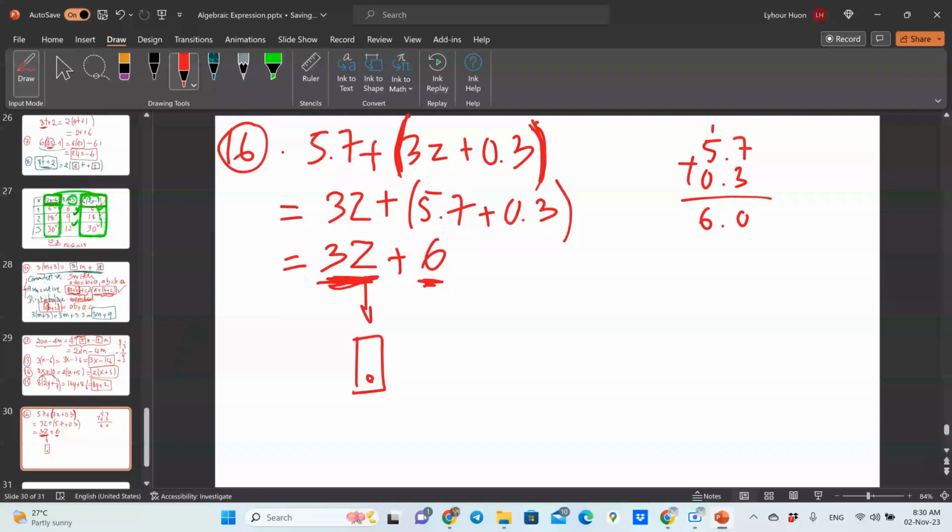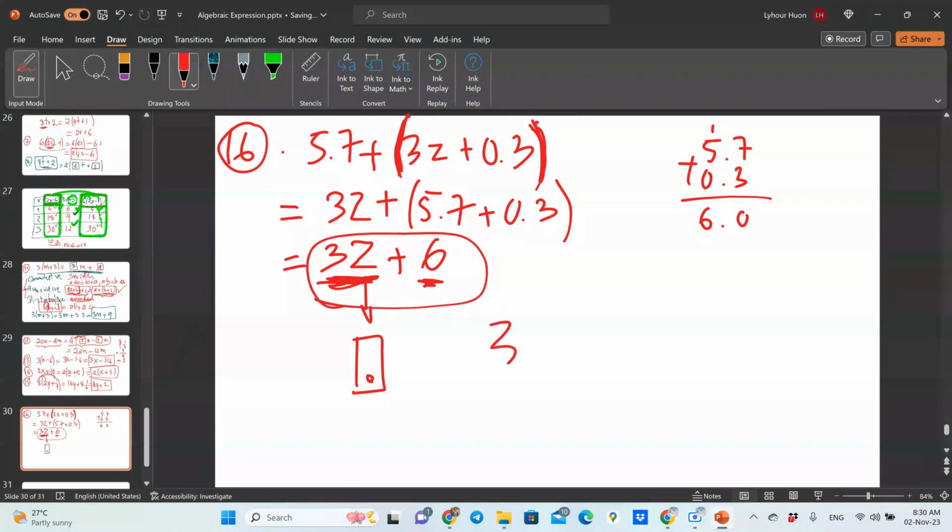So you have 3Z plus $6. Can that mix up together? It cannot, right? They're different items, different units.